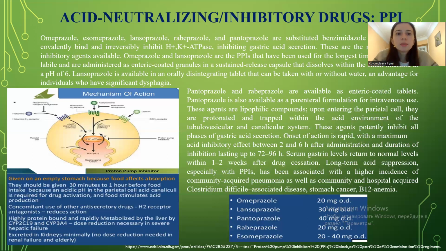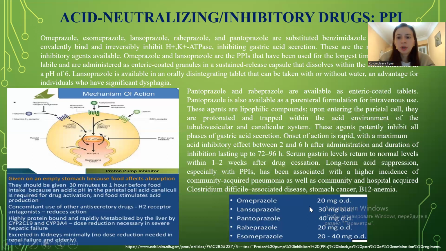Lansoprazole is available as an orally disintegrating tablet that can be taken with or without water, an advantage for individuals who have significant dysphagia. Pantoprazole and rabeprazole are available as enteric-coated tablets. Lansoprazole is also available as a parenteral formulation for intravenous use.